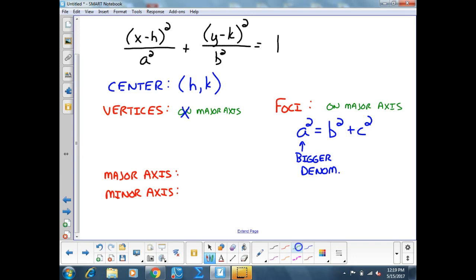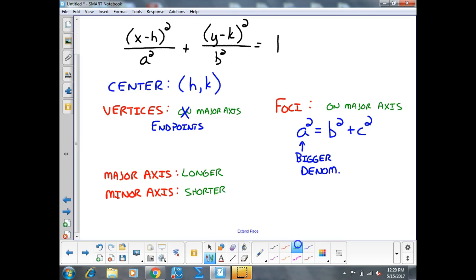So instead of saying on the major axis, let's say that they are the endpoints of the major axis. Major axis is the longer one.